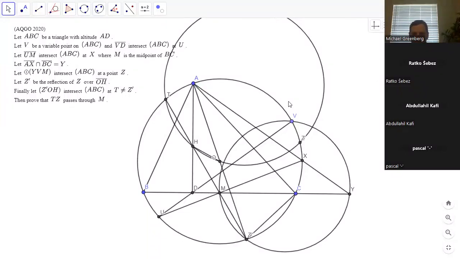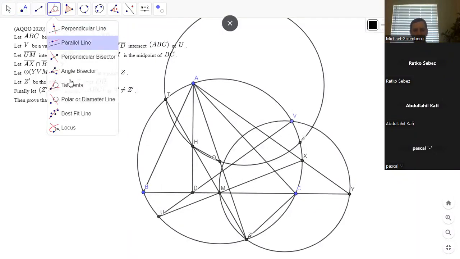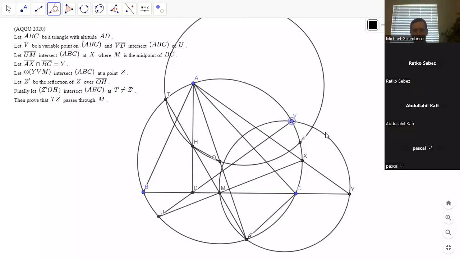What would be the easiest way to do that? We have to use M as the midpoint.